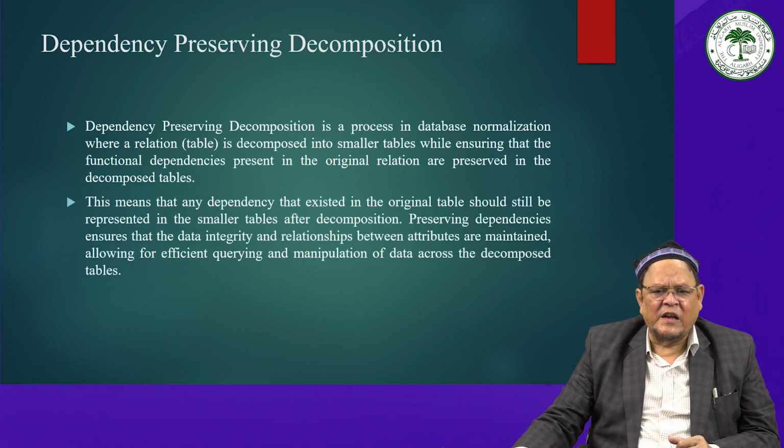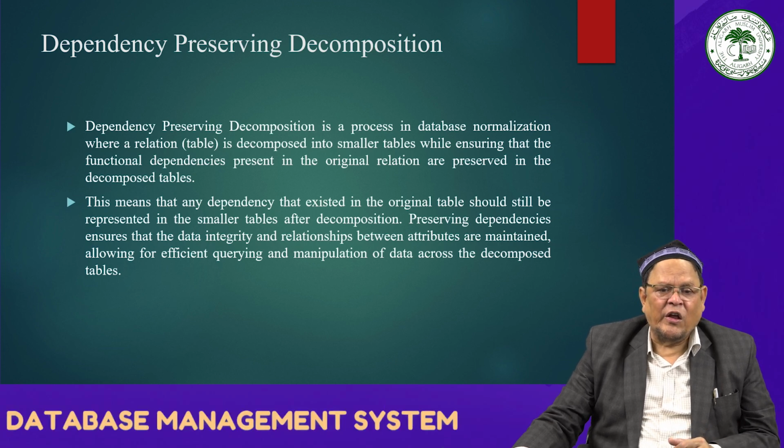This means that any dependency that exists in the original table should still be represented in a smaller table after decomposition. Preserving dependencies ensures that data integrity and relationships between attributes are maintained, allowing for efficient querying and manipulation of data across the decomposed tables.